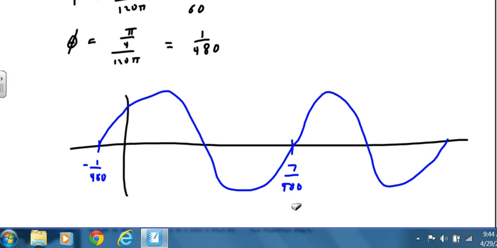And over here I'm going to be at 15 over 480.